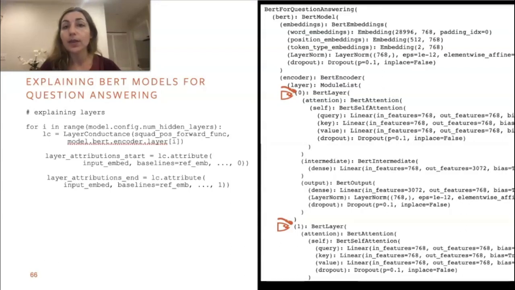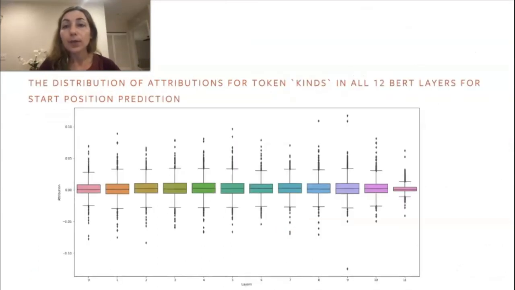We set interpretation hooks on all 12 BERT layers in a loop, and in a loop, we compute attributions for all neurons in all 12 BERT layers, both for start and end position prediction. In this plot, we zoom in on one of the tokens, namely token "kinds," and examine the distribution of attribution scores across all 768 neurons for start position prediction.